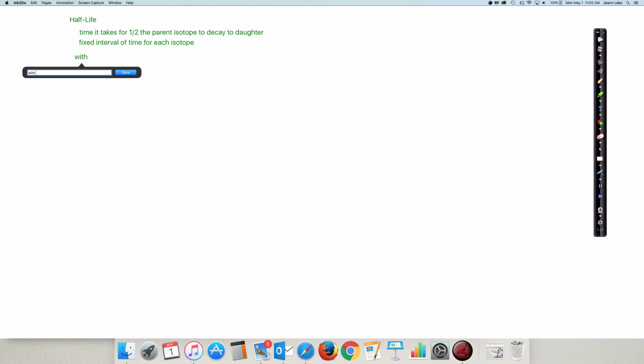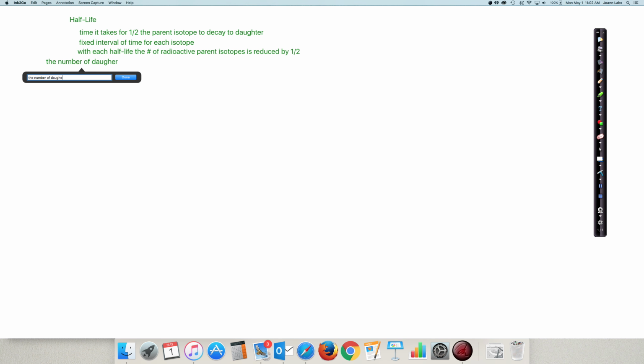So with each half-life, the number of radioactive parent isotopes is reduced by half. And since we can't destroy matter, the number of daughter isotopes increases by the same quantity.